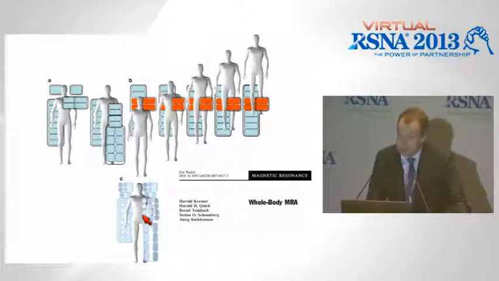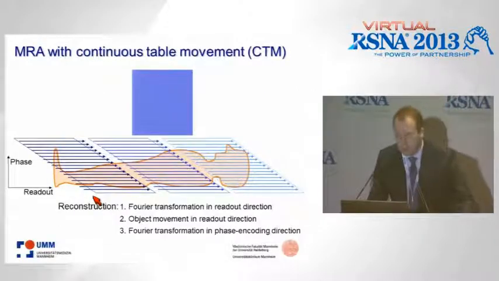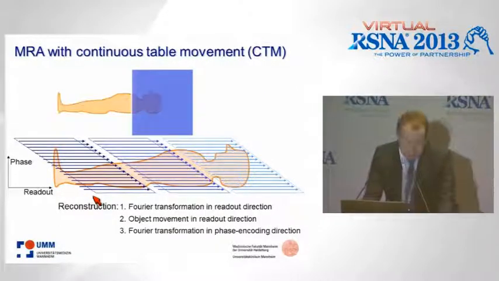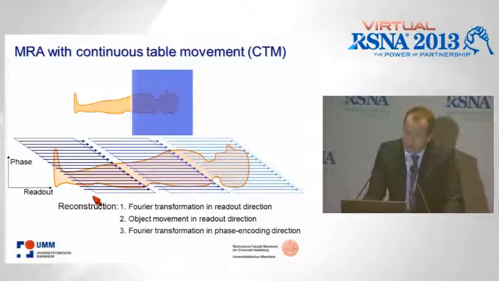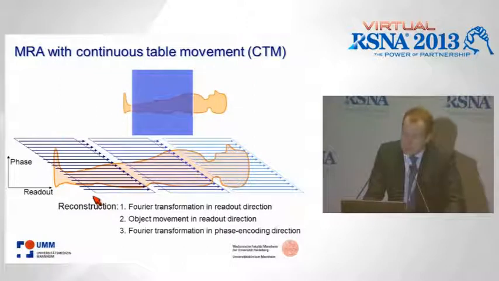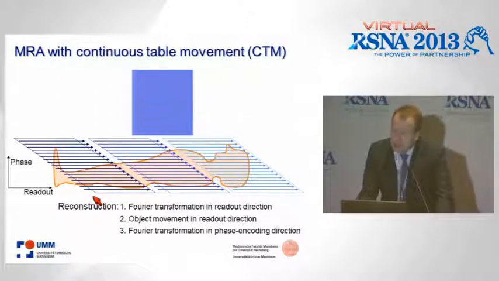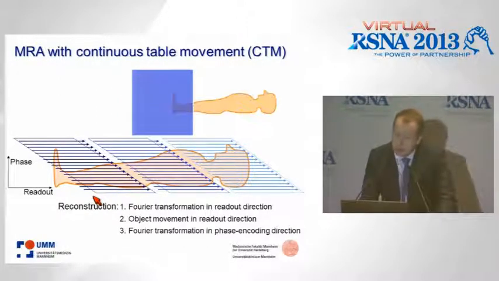This gives you very high flexibility to adapt your protocol specifically to the needs of the territory to be studied. A very appealing approach, co-developed by the group from Mayo as well as Essen, is the so-called continuous table movement. Here you do a different kind of k-space-based acquisition.